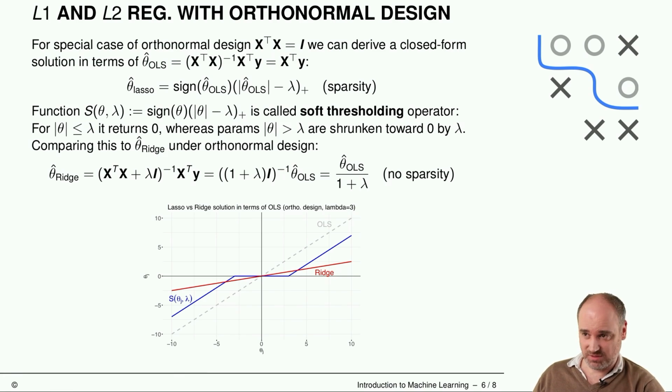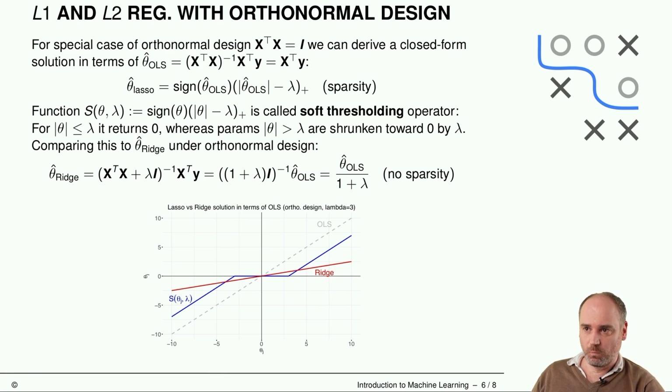I'll later study the non-orthonormal designs as well in a deep dive. Or you can also argue for looking at this, because you could do something like a Mahalanobis transformation on your original feature space, and then something like this happens as well. So let's just assume that X transpose X is the identity now.